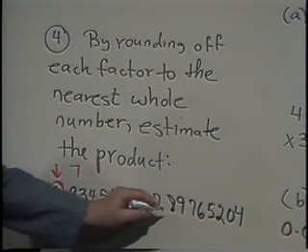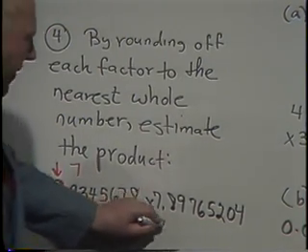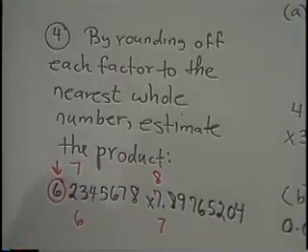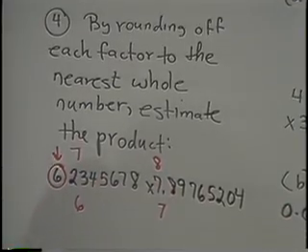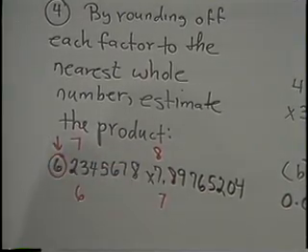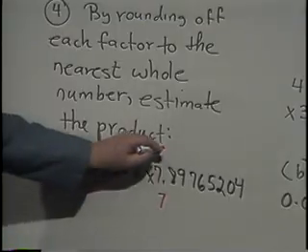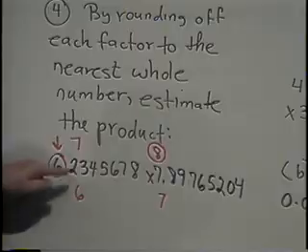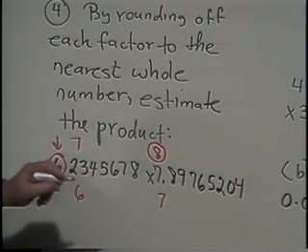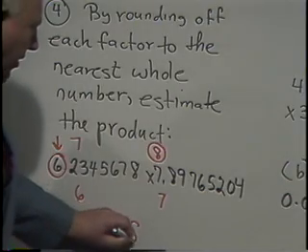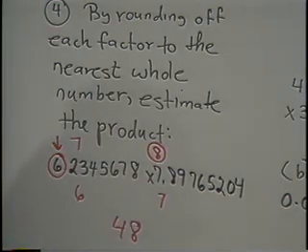And 7.89 is more than 7, but less than 8. And because this is an 8 in the digit next to where we're rounding off, 7.89 to the nearest whole number is closer to 8 than it is to 7. So this number rounds off to 6. This number rounds off to 8. So the answer to this question, lo and behold, is nothing more than 48.